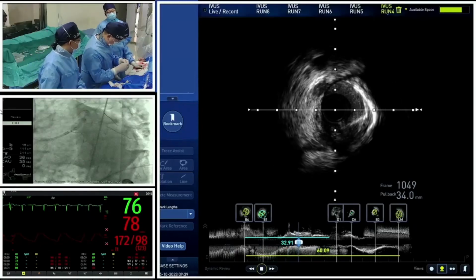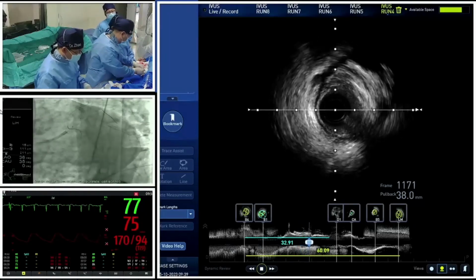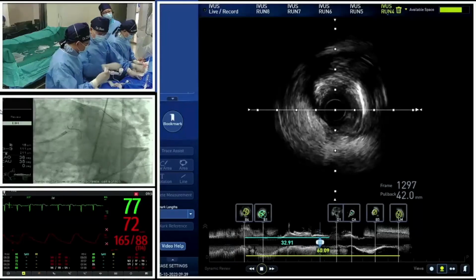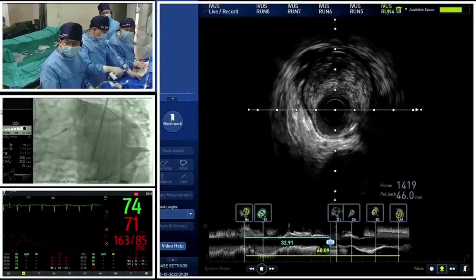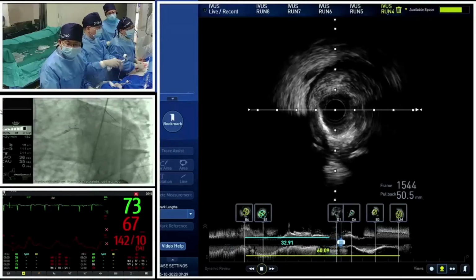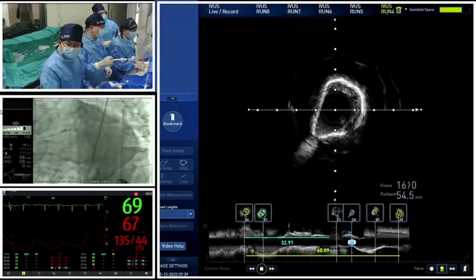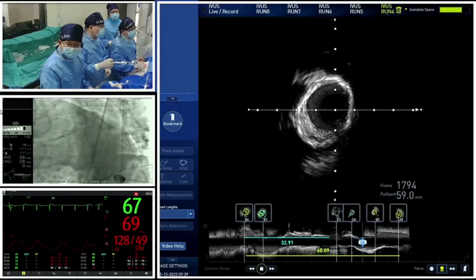It's more than 90 degrees. Now there are heavy soft plaques, and there's a side branch here. Okay, this is the most severe calcification.